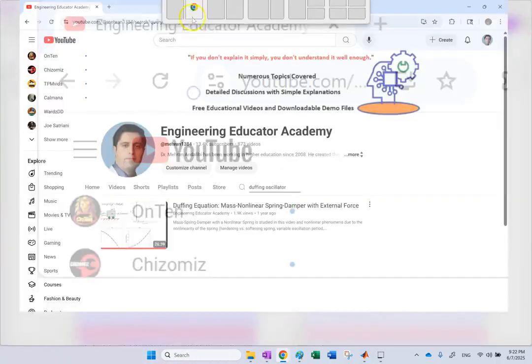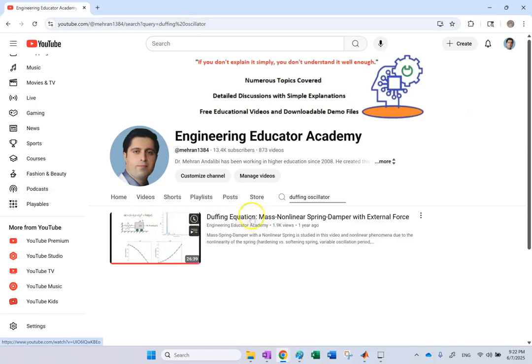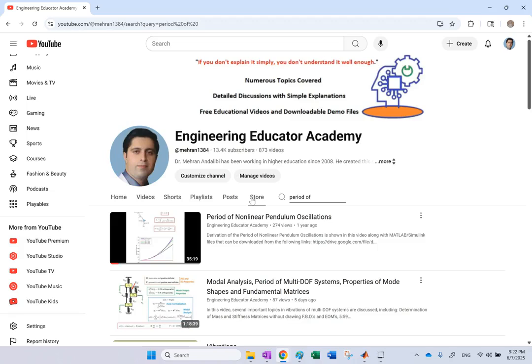Let me show you. So this is my channel, and here we go. This is the Duffing equation and the Duffing oscillator. I explained it there if you want to know more. And here I even added a function on the right hand side. You can set it to 0. The other thing I talked about was the period of a nonlinear oscillator.